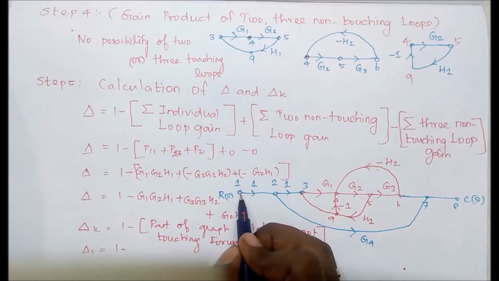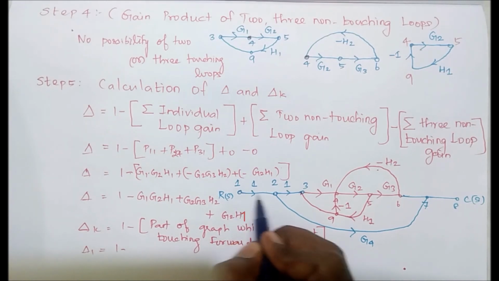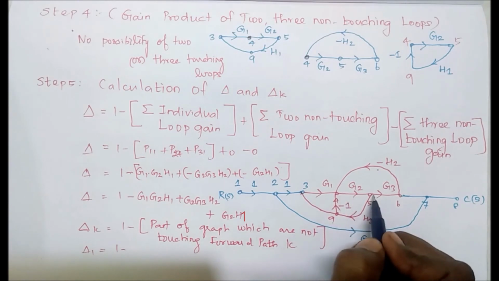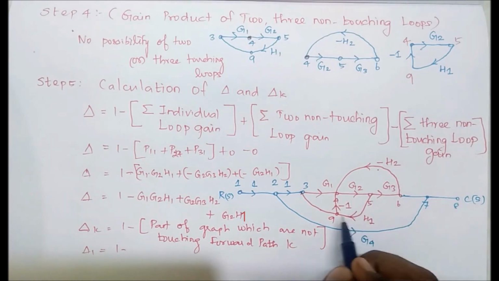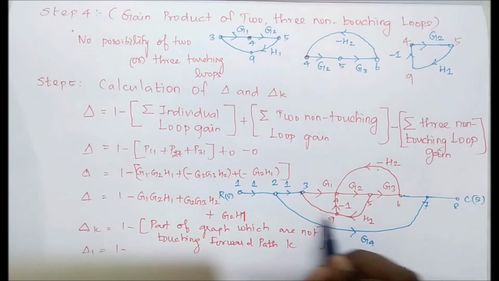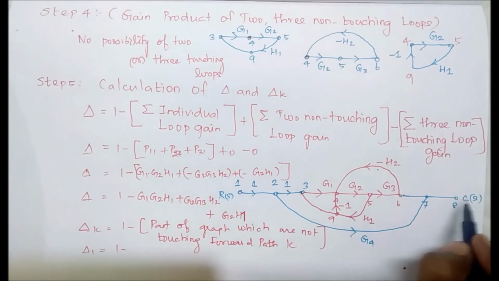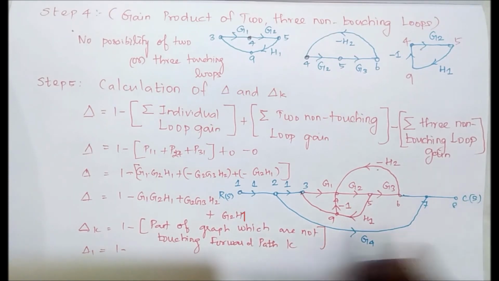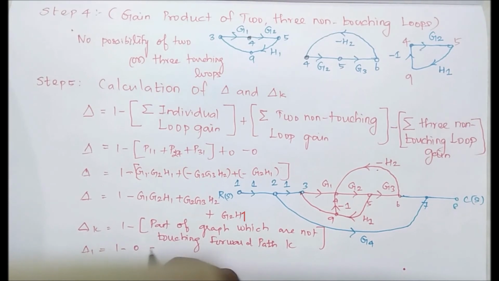So this is the first forward path. It is involving nodes 1, 2, 3, 4, 5, 6, 7, 8. We see all loops and branches are meeting all the nodes in this forward path. It means there is no separate path. Therefore del 1 equal to 1.